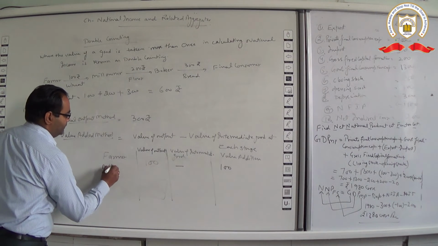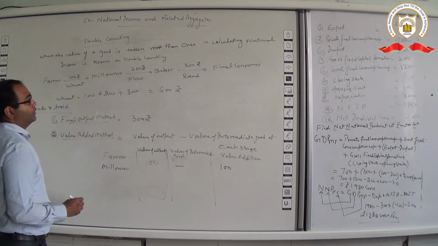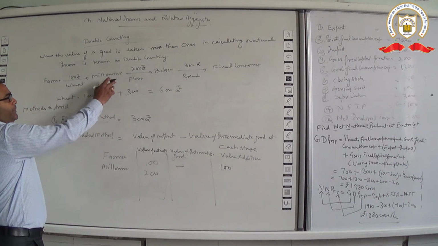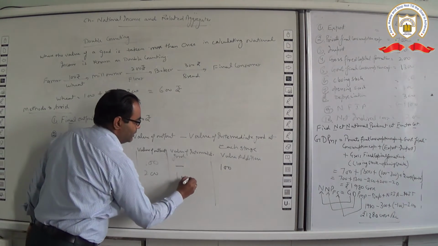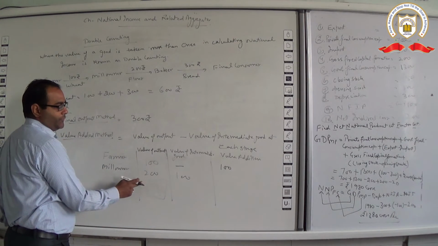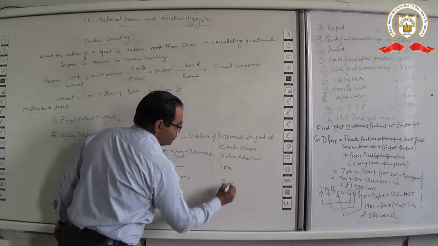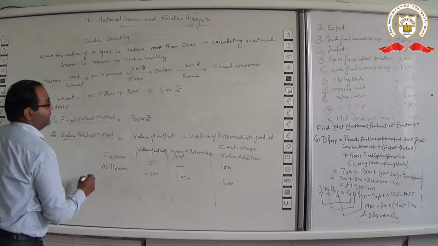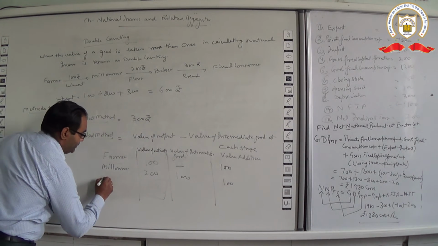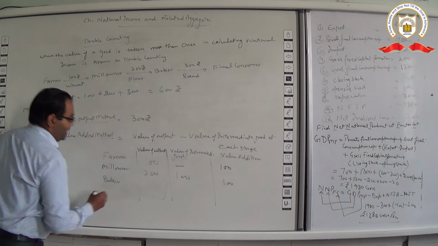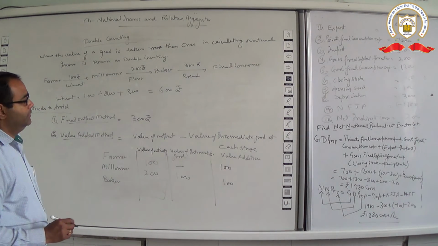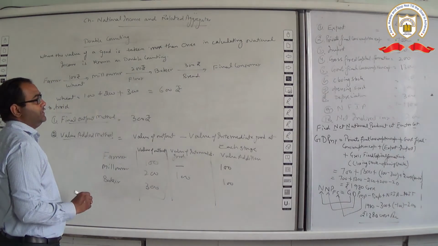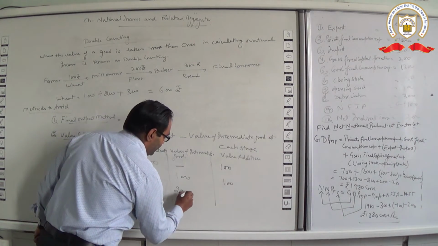Now the mill owner sold flour for 200 rupees to the baker. So it means he has purchased the wheat for 100 rupees. Now subtracting the value of intermediate goods from the value of output, we will get, sorry, 100 rupees. Next, the baker has produced the bread and sold it to the final consumer for 300 rupees and he has purchased the flour for 200 rupees.